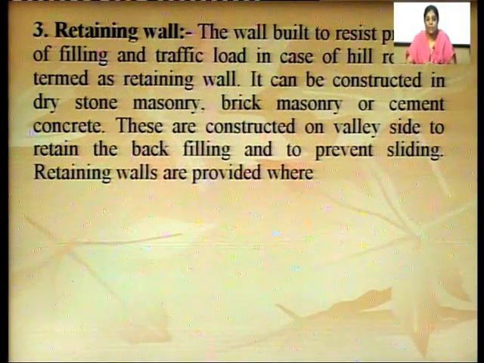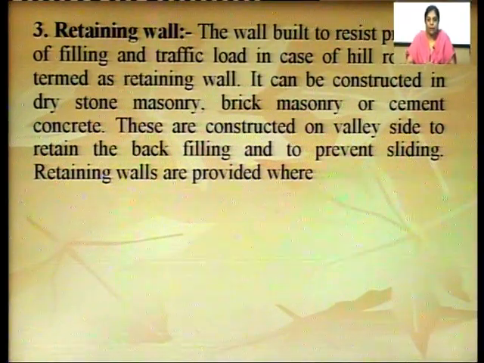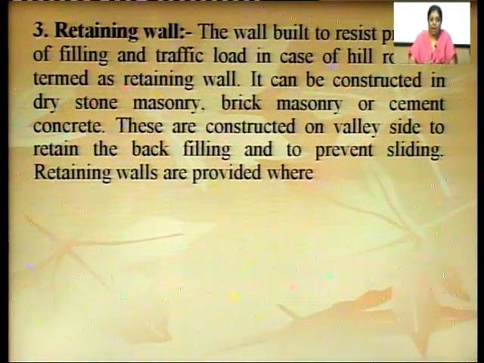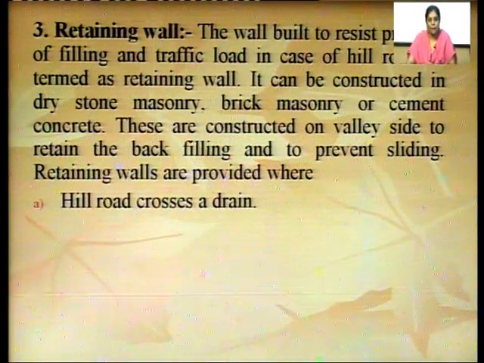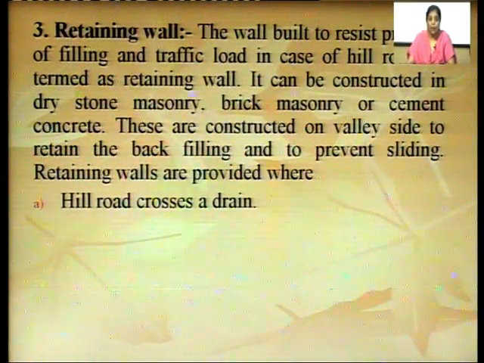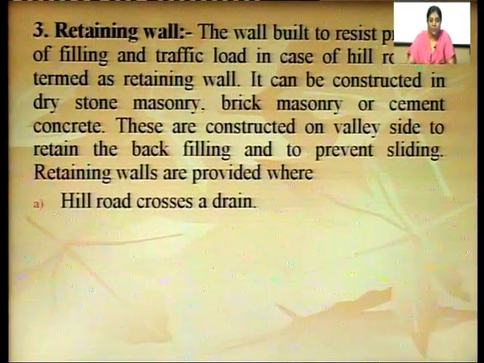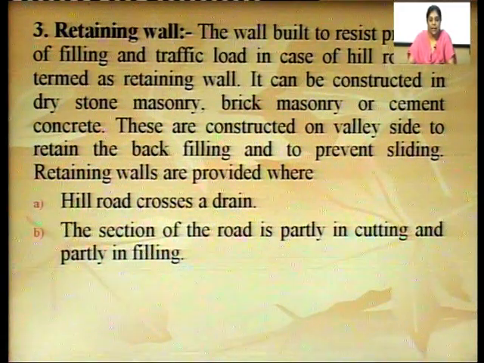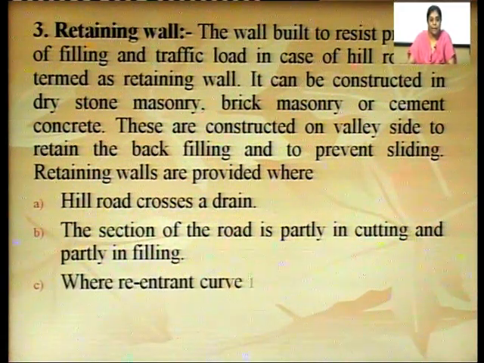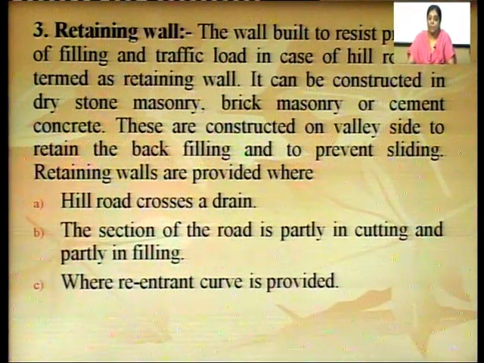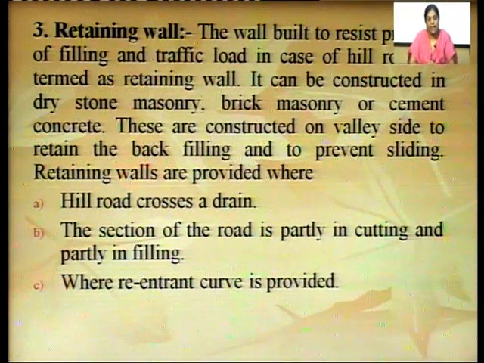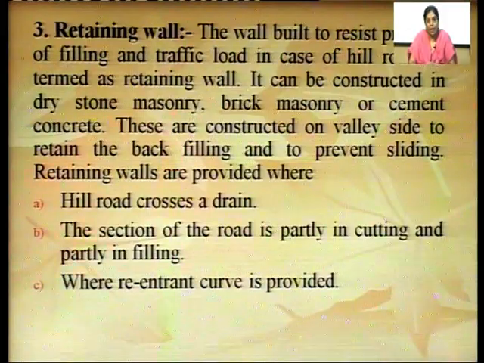These are constructed on the valley side to retain the backfilling and to prevent sliding. Retaining walls are provided where a hill road crosses a drain, where the section of the road is partly in cutting and partly in filling, and where a re-entrant curve is provided. So, in all these cases, a retaining wall is generally constructed.